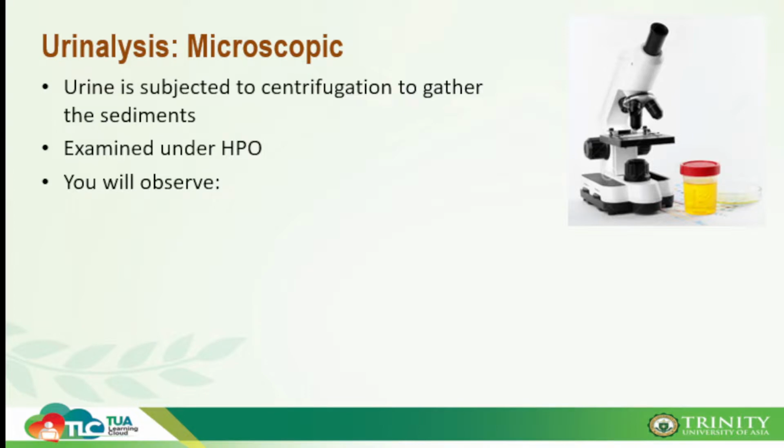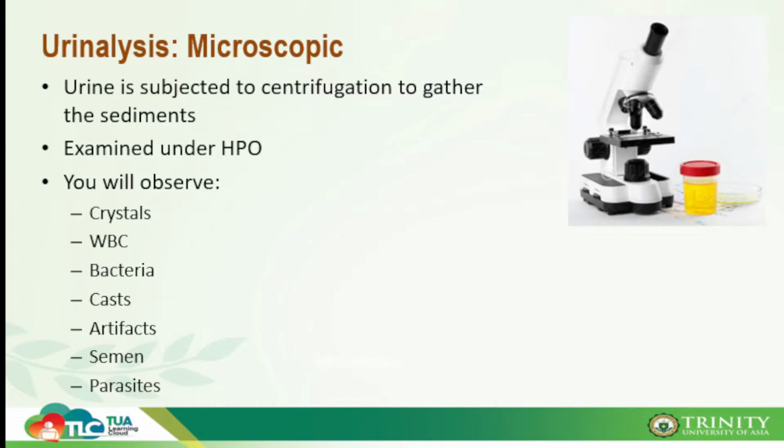Under the HPO, you will observe substances such as crystals, white blood cells, and of course bacteria, because there's normal bacteria in the urine, as well as casts, artifacts, and even semen. A more extensive discussion on urinalysis will be taught during your third year, but it will be helpful to start being familiar with it this early on.